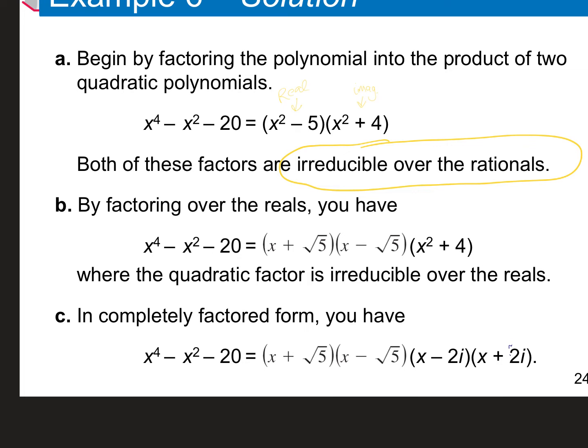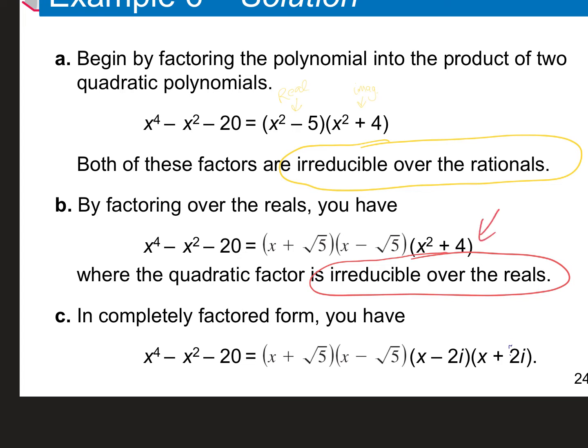If you can't break your answer down into a nice, pretty whole number that's real, then you can't do anything else. It's irreducible over the rationals. If it says irreducible over the reals, that means, okay, as long as it's a real number, you're fine. If it's a silly, gross radical or something like that, that's okay. But it just can't be what?